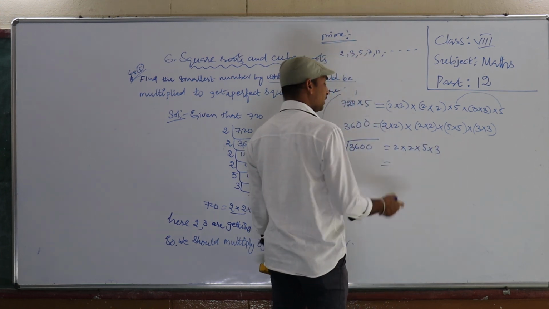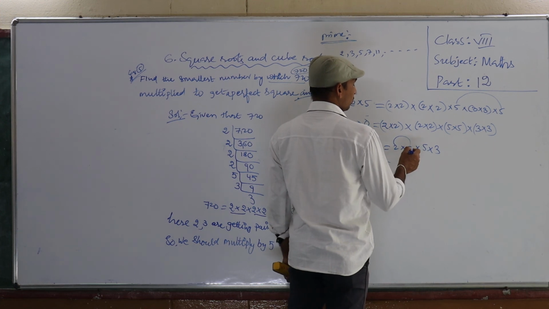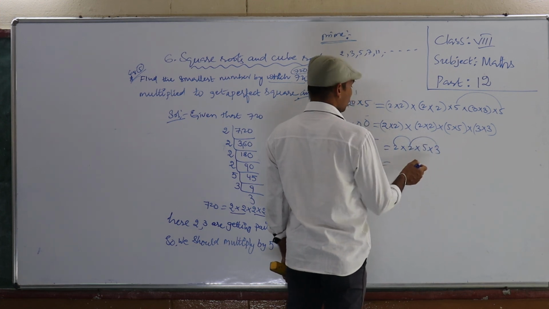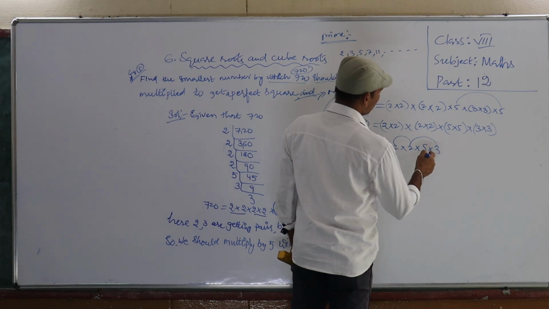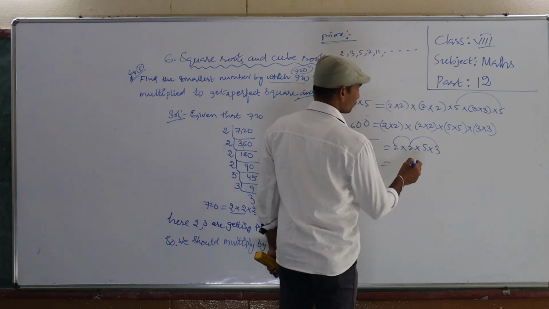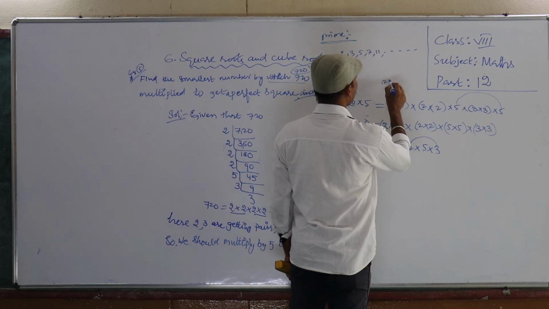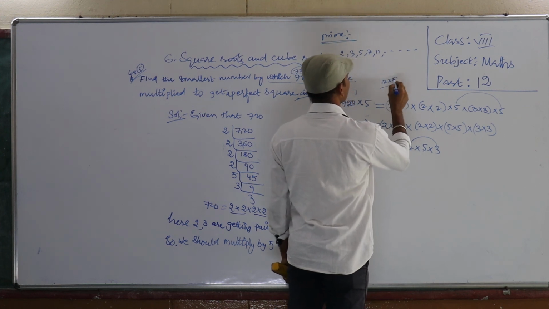So how much will we get? 2 2s are 4, 4 3s are 12, 12 5s are 60.